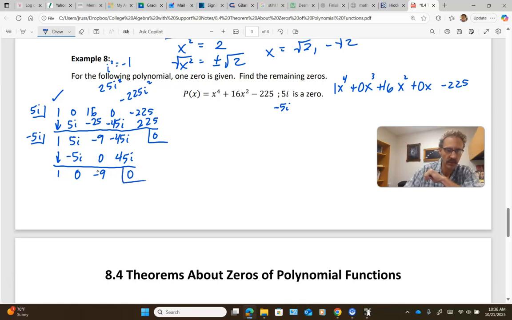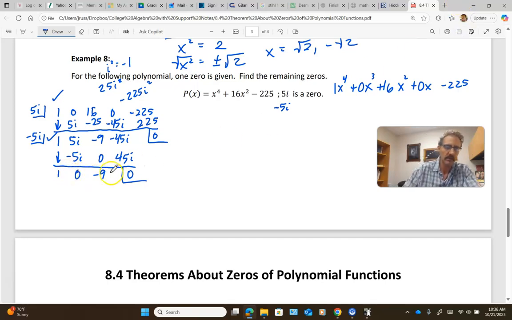And so we get 0 again. So that confirms that that conjugate is also a zero. And now, guys, these are the coefficients of not a cubic factor, but now of a quadratic factor. And so if we can get this down to a quadratic, we can always extract those last two zeros, if nothing else, by using the quadratic formula.